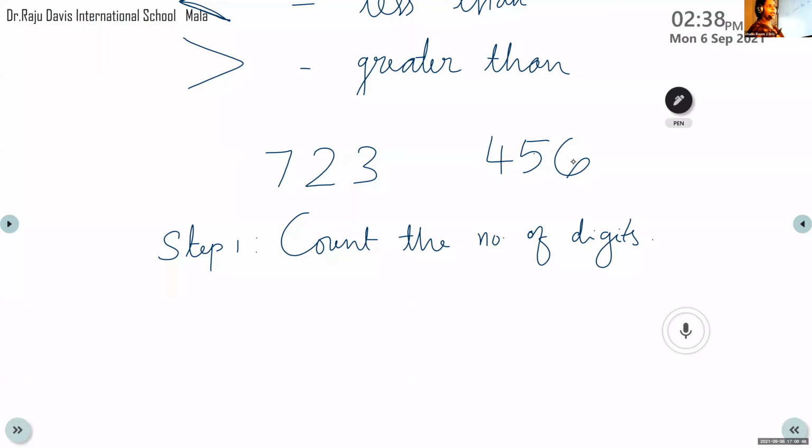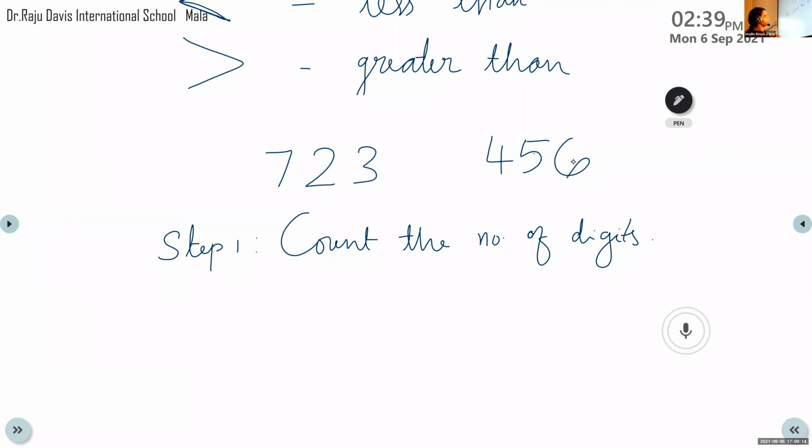There are 3 digits. In 723 there are 3 digits, in 456 there are 3 digits. Both numbers have 3 digits, so we will move to the next step.